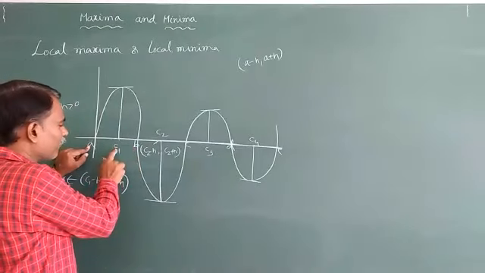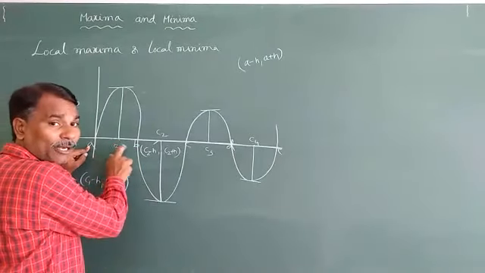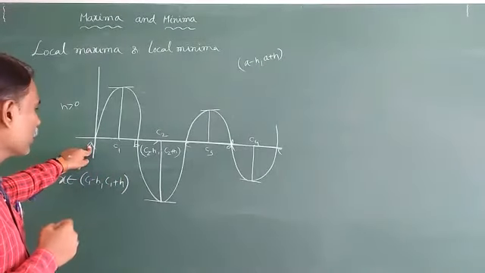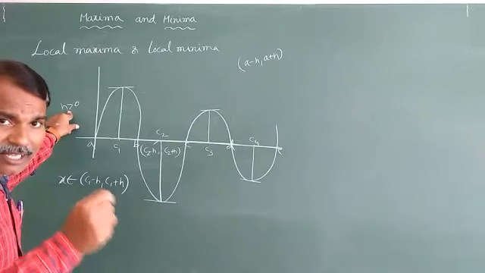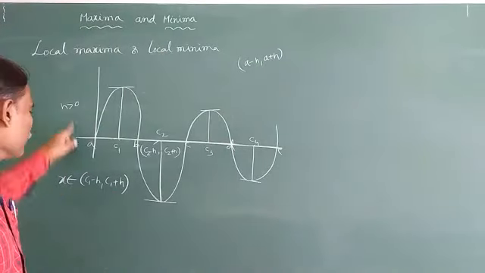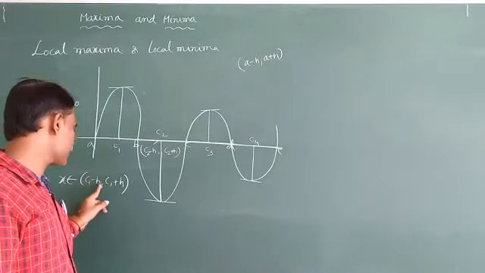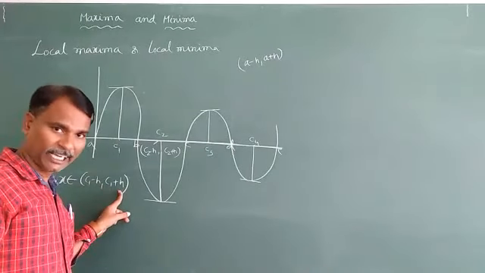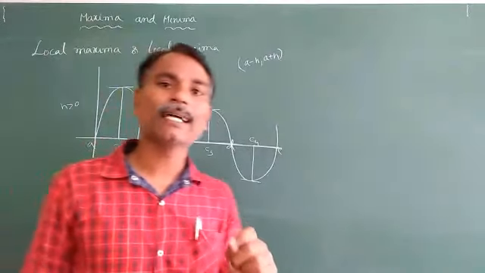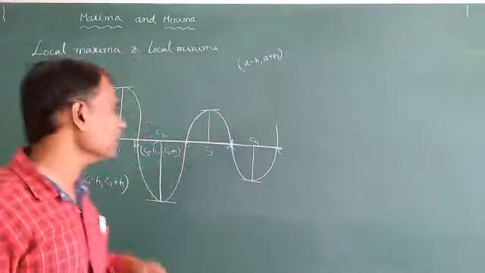What we are taking is the neighborhood interval of this point. Already we know that h is a very small value, and a positive value. That's why we write h is greater than 0. The interval is C1 minus h comma C1 plus h, and in this, if you find it, you will get the local maxima, local minimum.